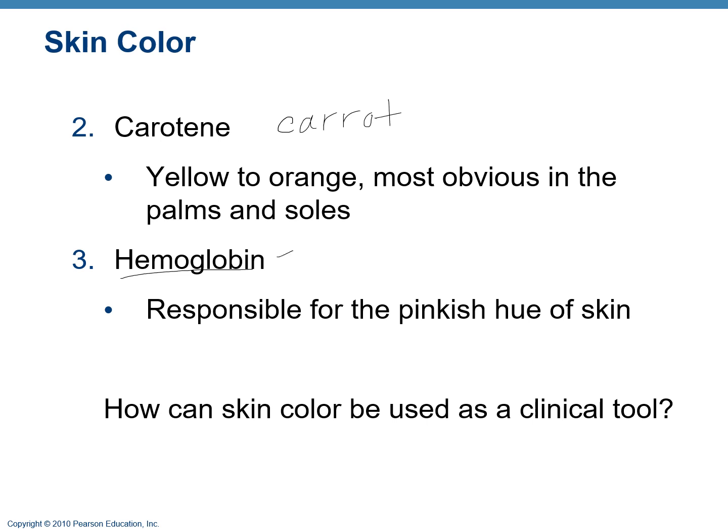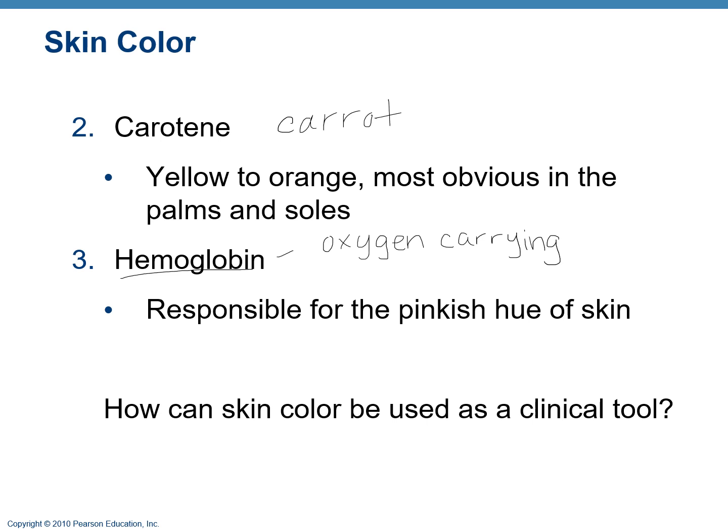And hemoglobin, of course, is actually the oxygen-carrying pigment within our red blood cells. So this is a specific type of protein that, due to its iron functional group, is going to have an affinity for oxygen, and it's going to help deliver oxygen throughout the body.